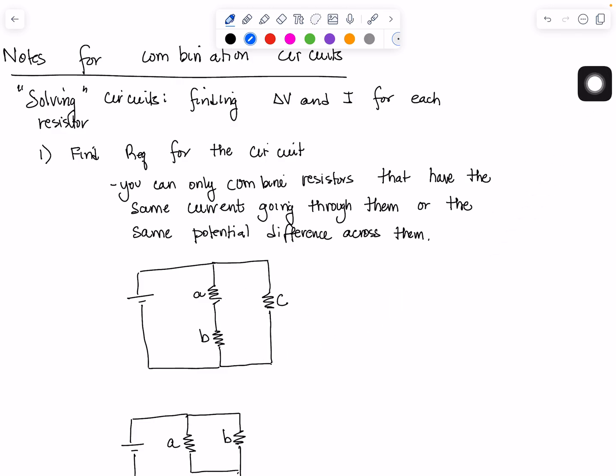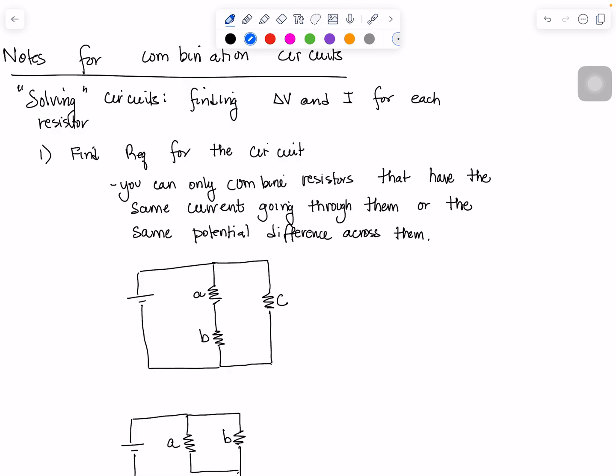Which resistors have the same current? The resistors that have the same current are A and B. They are in series, and whatever electrons start here at A, they have to go through B. So those are in series, so I can combine them, and that is where I would start.